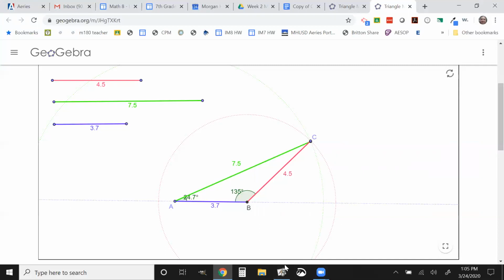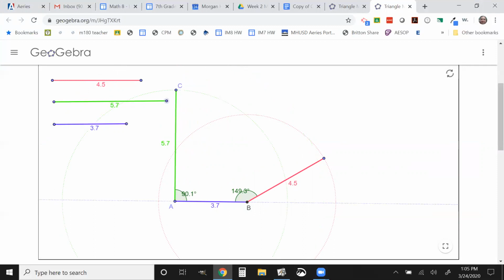And a 60. Let's see here. And a 60. I'm having trouble getting the 60.